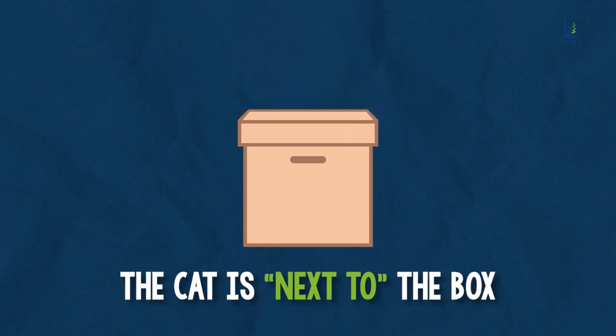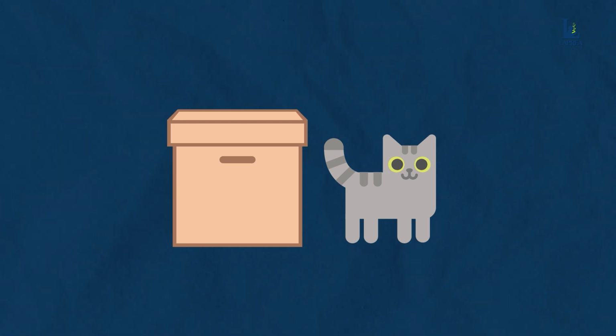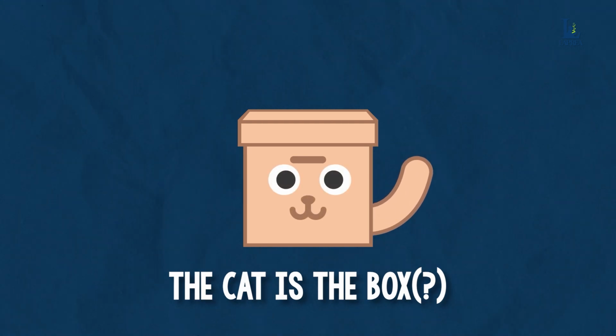And if we say the cat is next to the box, we again have a completely different picture, right? Let's remove all the prepositions in that sentence and it becomes: the cat is the box. Do you see how wildly different the meanings in these sentences are with the inclusion of certain prepositions?